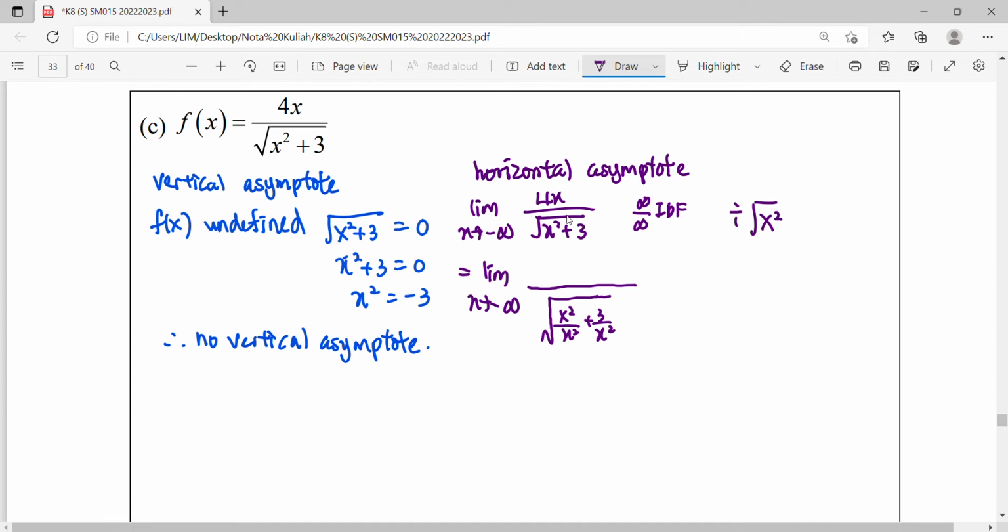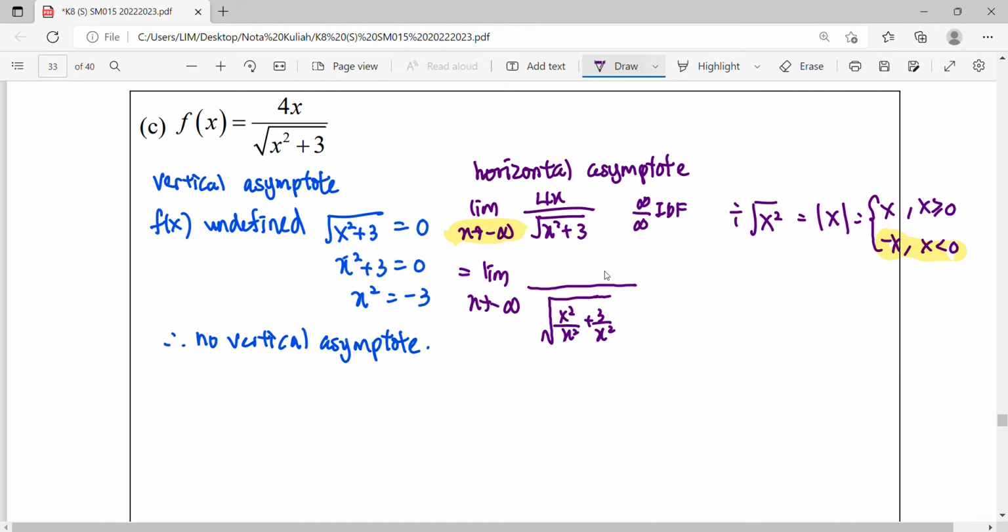How about the numerator part, tempat yang tak ada square root, we simplify. Supposedly this is modulus. You have to choose whether it is positive x or negative x. When your x approaches -infinity, it means your modulus piecewise function here is supposed to use negative x, because your x approaches less than 0.